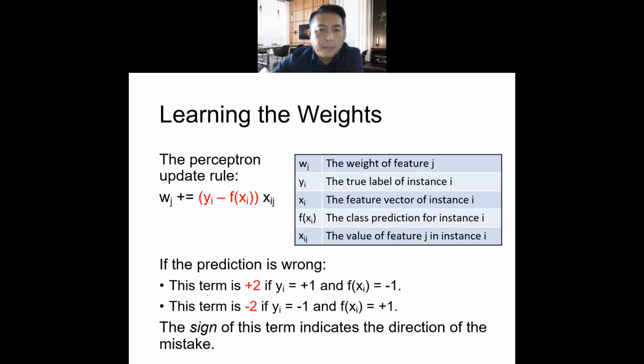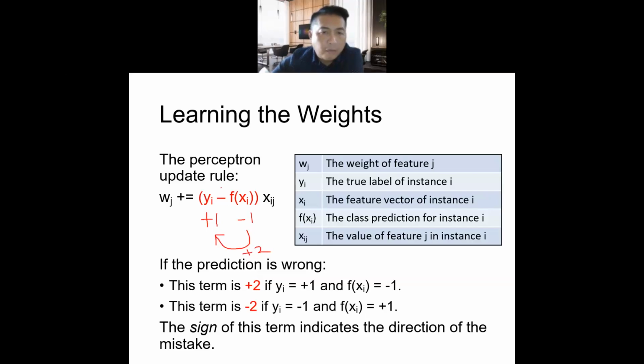But if the prediction is wrong, this term is +2 if your true label is +1 and the predicted is -1. Since you want to go from here to here, you need to add 2.